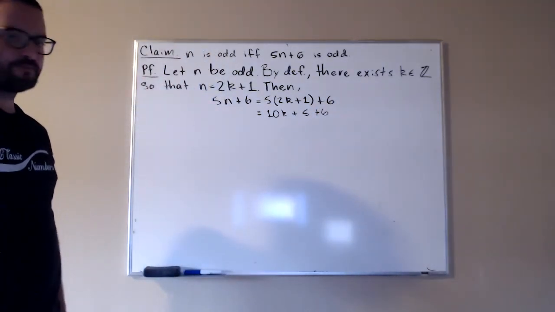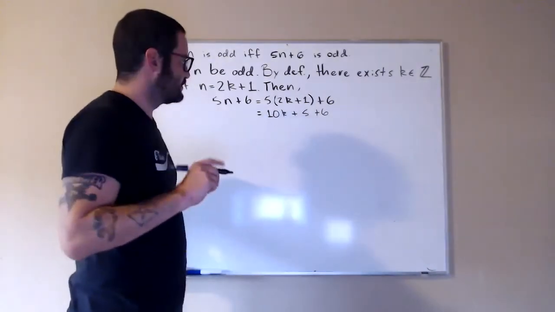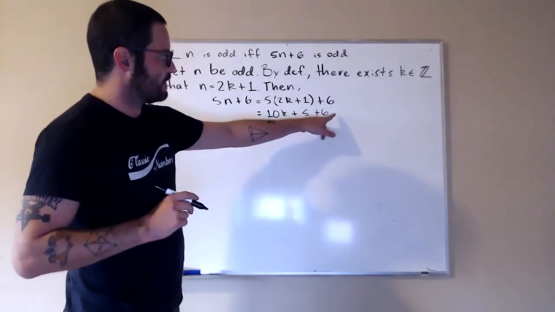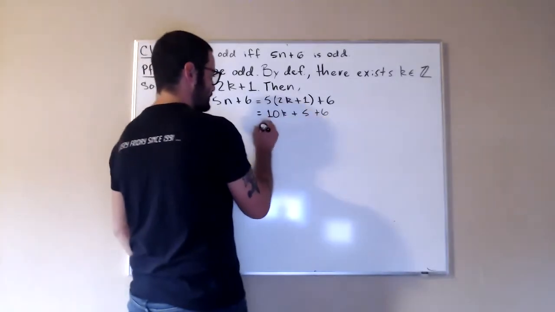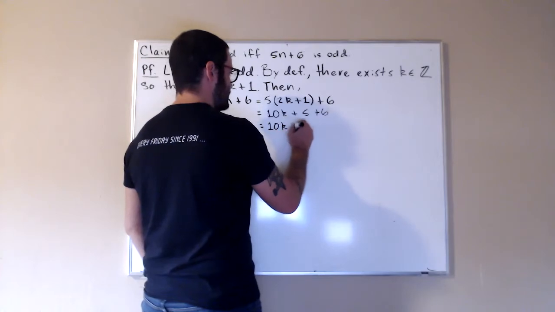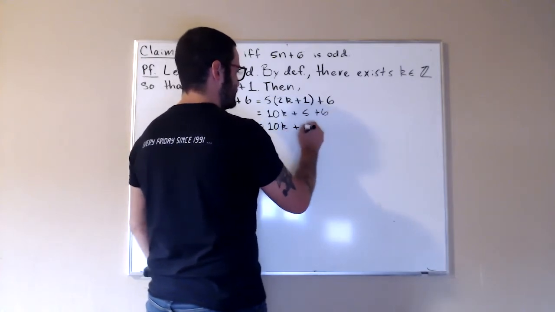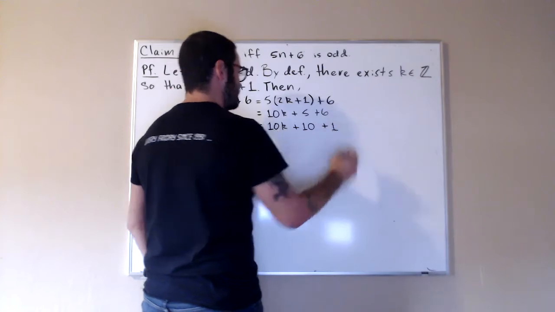Okay, and our goal here is to make this look odd. So one way we can do that is we're going to leave off a 1 at the end here, and we're going to group together the rest of the values. So we'll have 10k plus 10 plus 1.